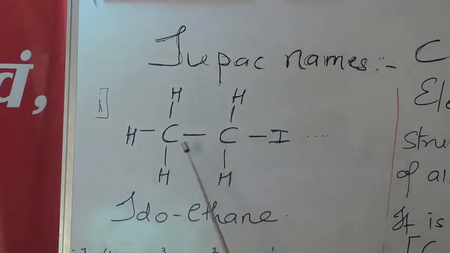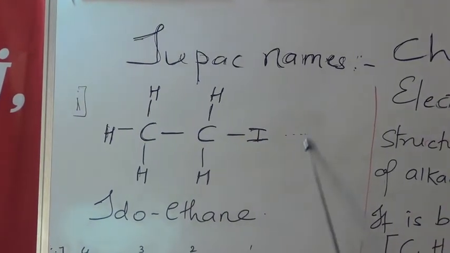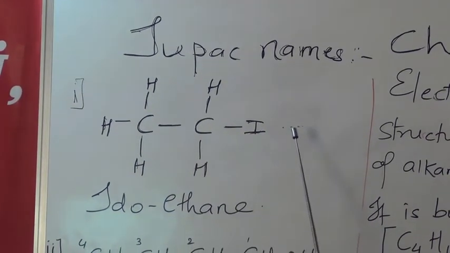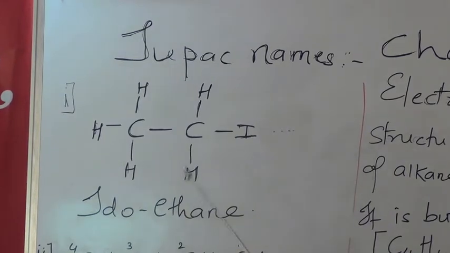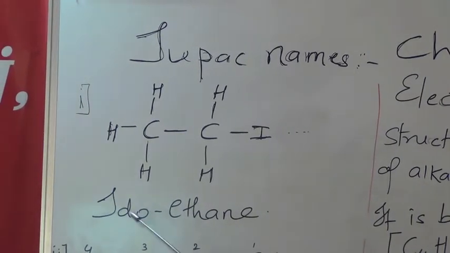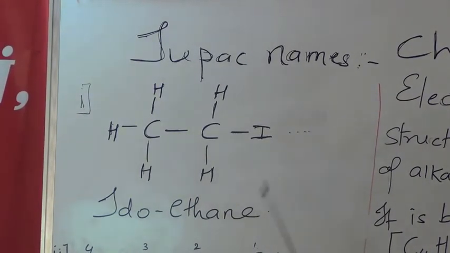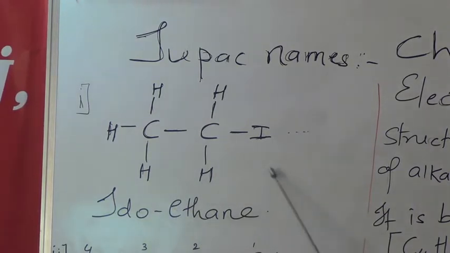The number of carbon atoms in a straight chain here is 2, whereas the functional group attached to this is iodine, and hence the name of this particular compound will be iodoethane, because the parent alkane group is ethane here.